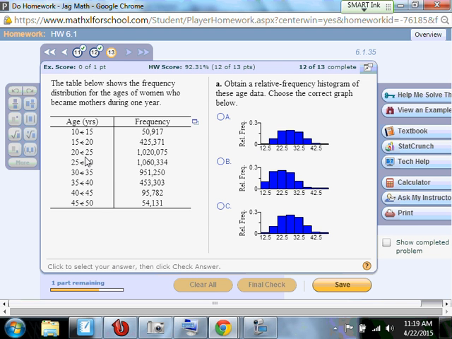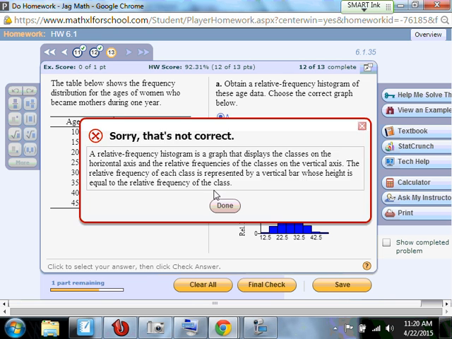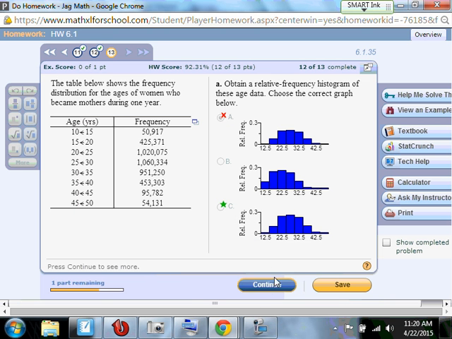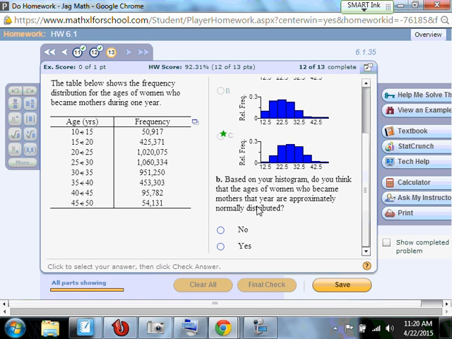Well, the average would be in the middle, I would think. So around 25. So I'm thinking it's probably going to be this one or this one. Let's try A, see what happens. Okay. And then, is this normal? I would say yes.